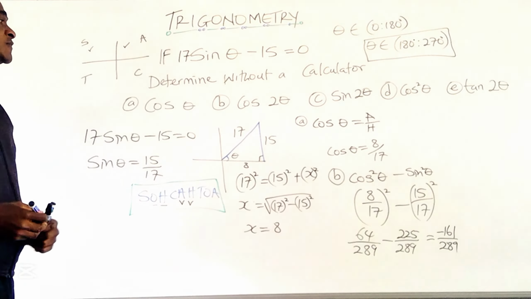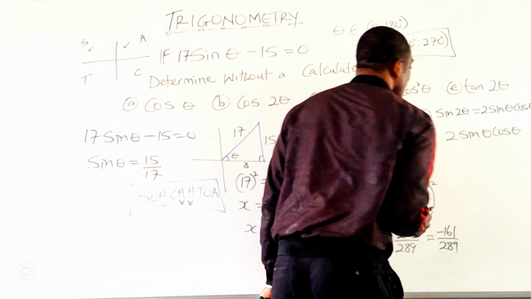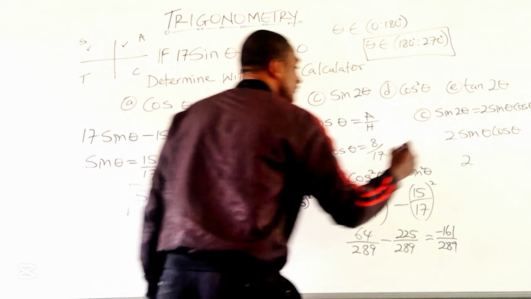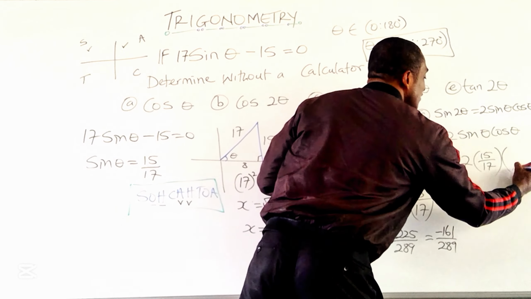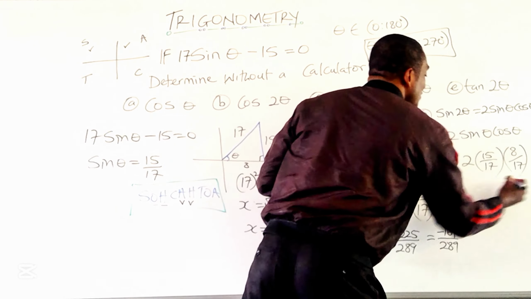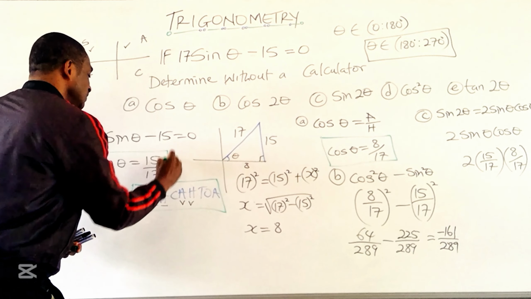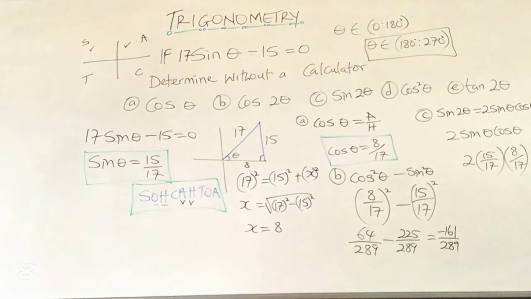Then, going forward, 2 sine theta cos theta will give us 2, our sine theta is 15 over 17, and our cos theta is 8 over 17. So remember, we don't have to pick from our previous experiences. This is our sine of theta, and then we just plug it in. And let's see what it gives us.